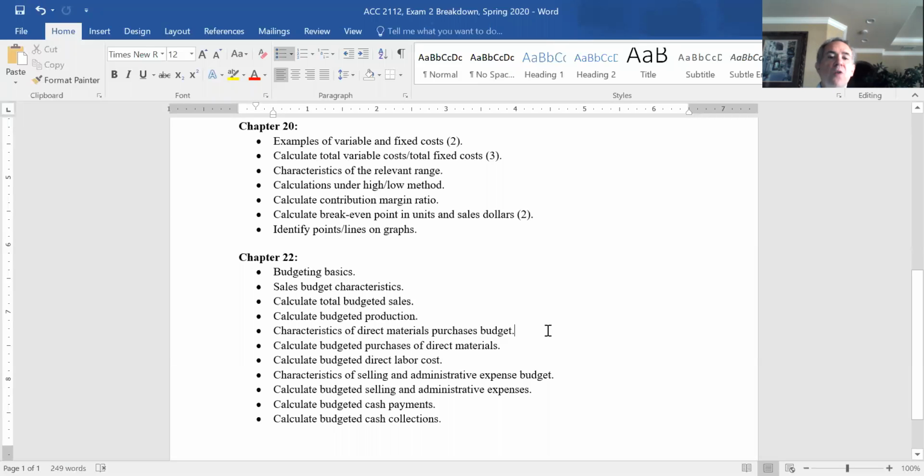Then characteristics of direct materials purchases budget. Well, once we know budget production, we can step back and think about how many units of direct materials we must purchase to make that budget happen. So with that direct materials budget, again, it will be very, very similar to what we had in class, leading into the next one to calculate the budget purchase of direct materials.